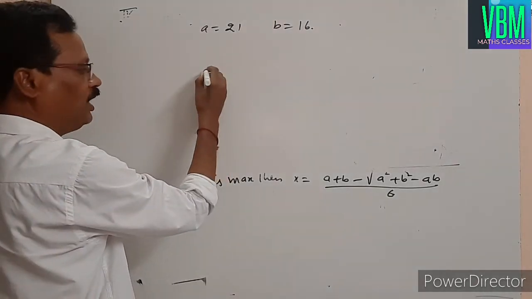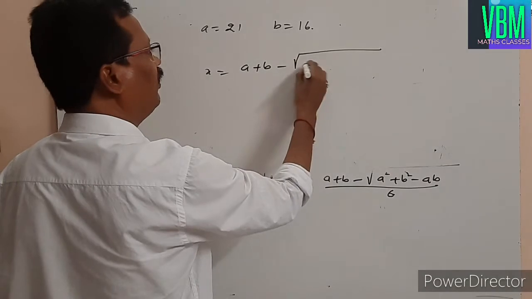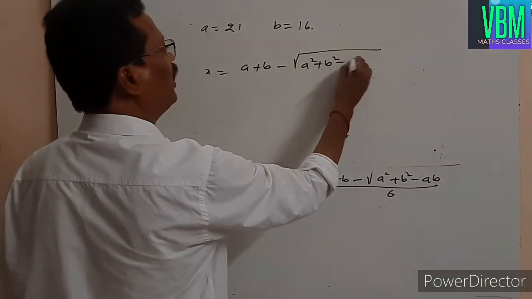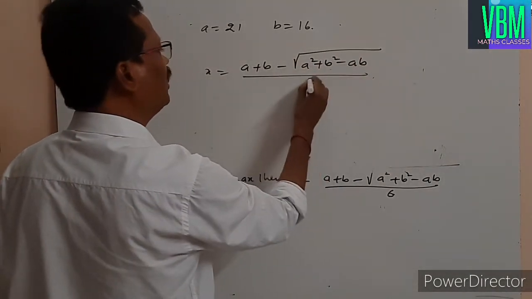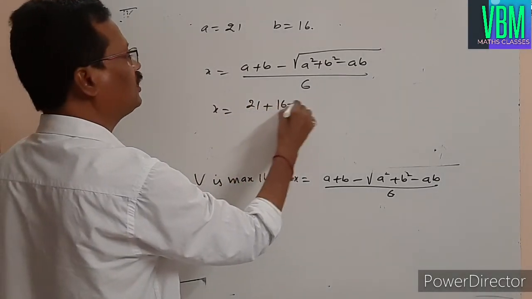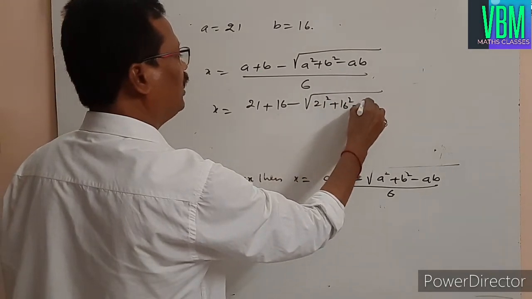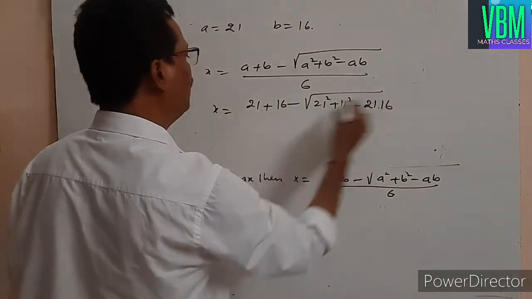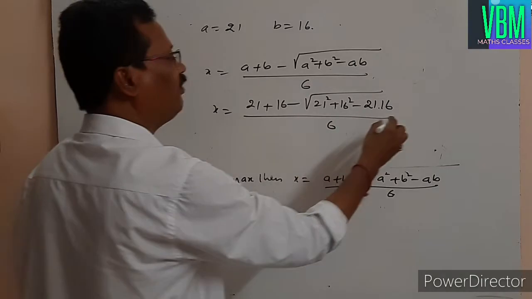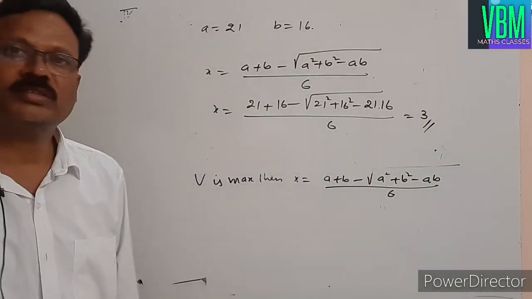Depth of the box x equal to a plus b minus under root of a square plus b square minus ab, by 6. Now in this substitute a is 21, b is 16: 21 plus 16 minus under root of 21 square plus 16 square minus 21 into 16, by 6. Simplify, this answer is 3. Therefore, that answer is 3.